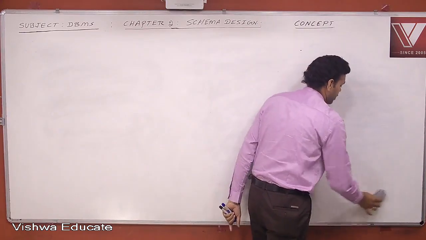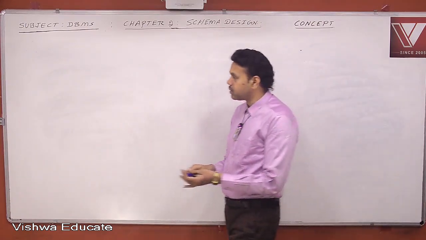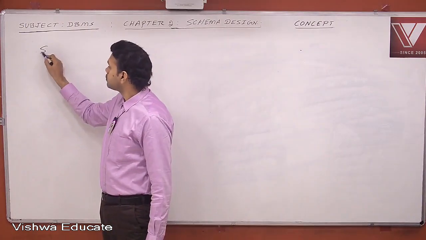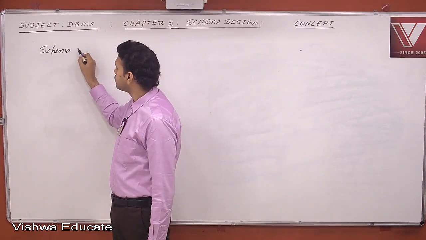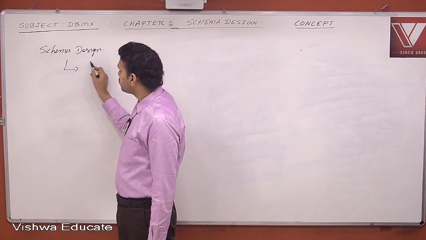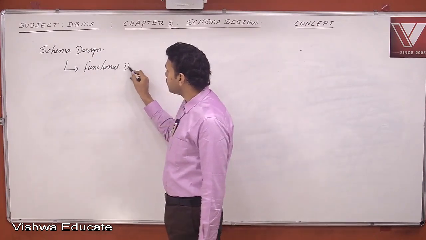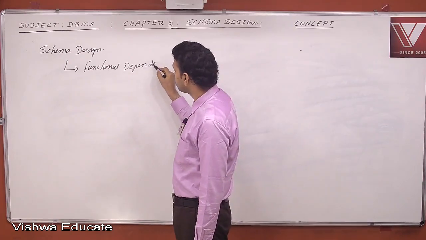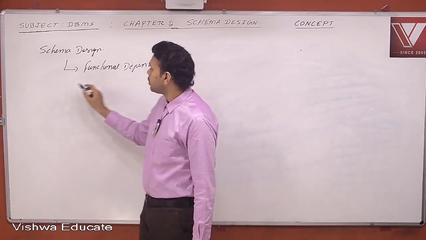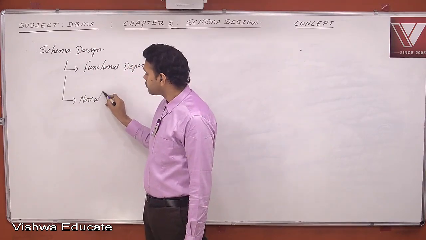So, in schema design, there are two parts. One is functional dependency and the other one is normalization.